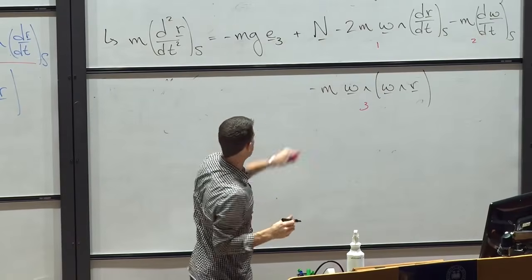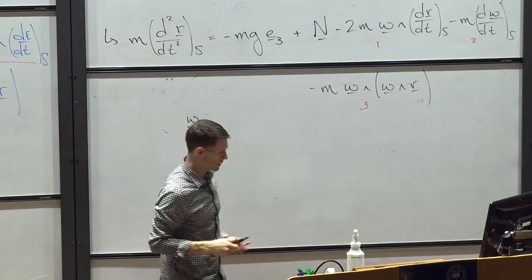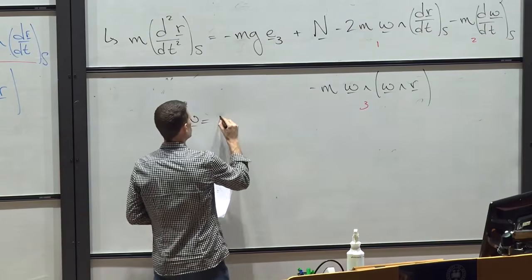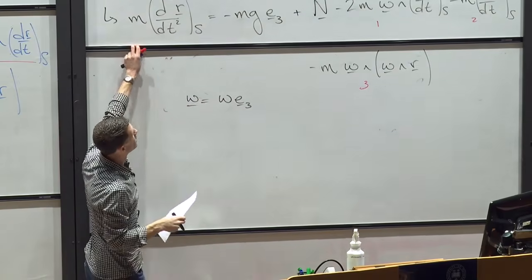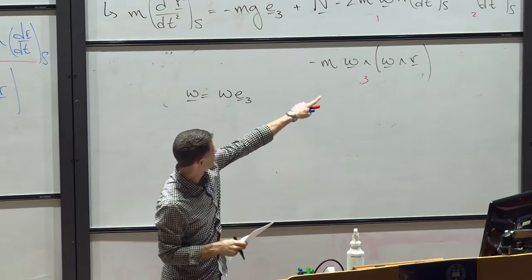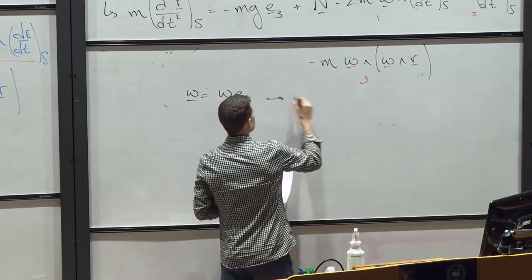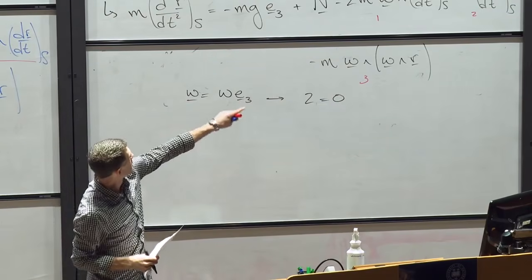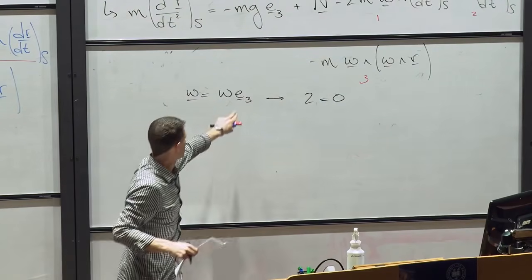All you really need to do is use the fact that omega is given to us as omega E3. Which means that term 2 is immediately 0 because this is constant. Term 1, all I need to do is take my dr/dt expression, which has an E3 and an E1, and cross it with an E3.